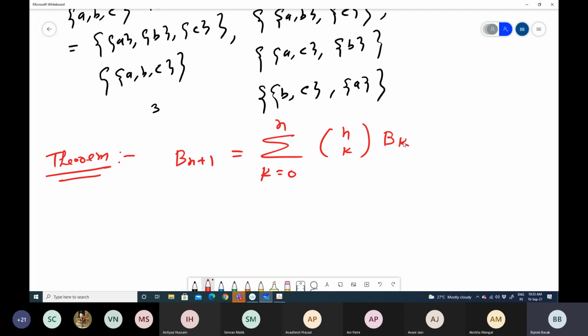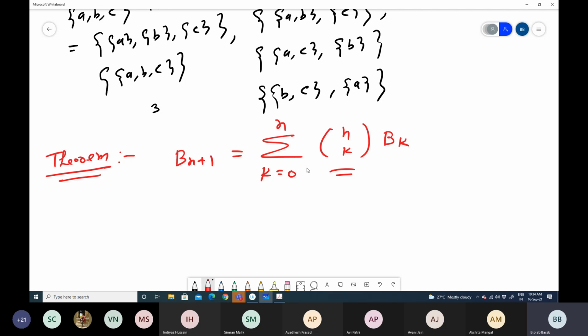But here we will not use any tricks. We use permutations and combinatorics in this course just as a tool. For an example, this Bell number needs these combinations.